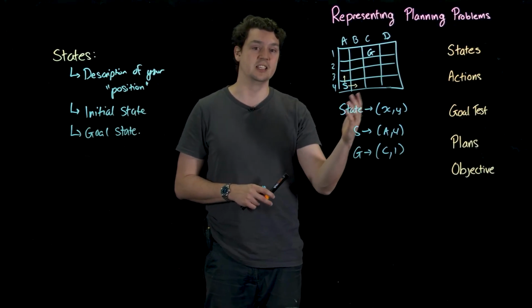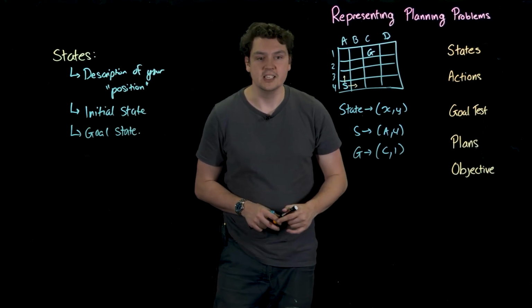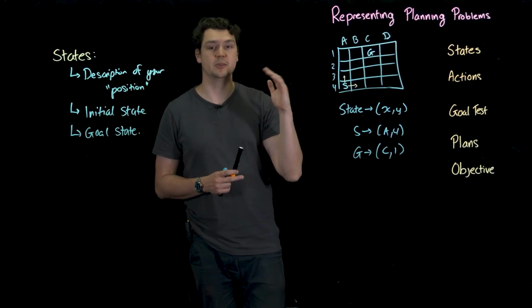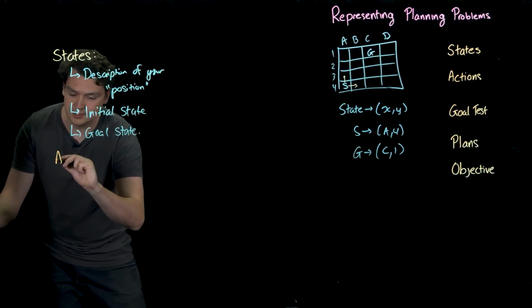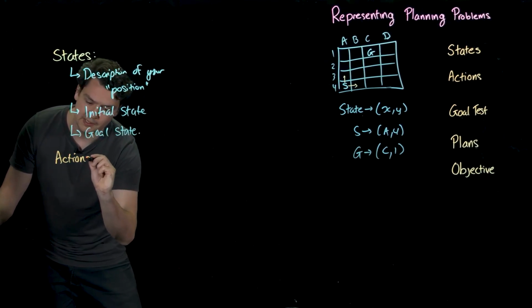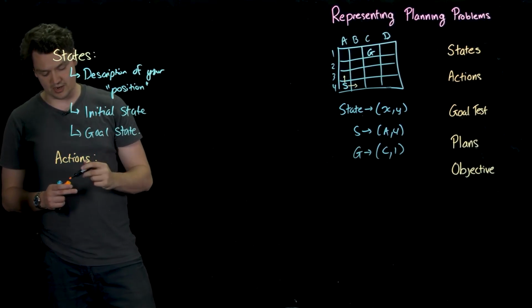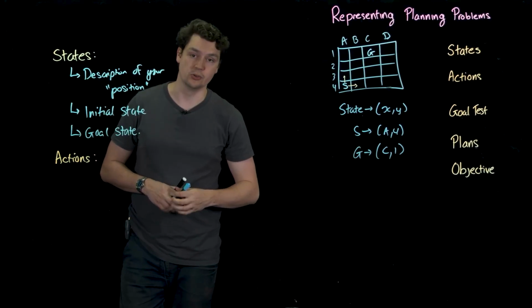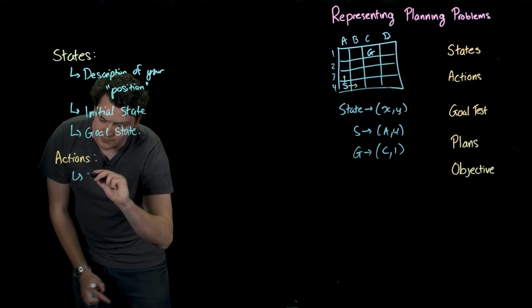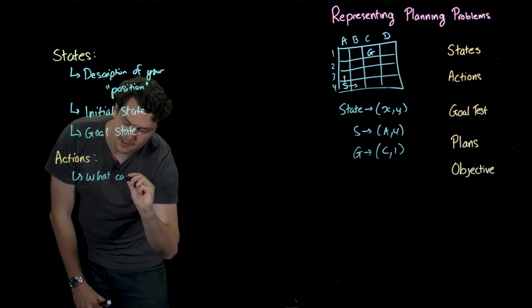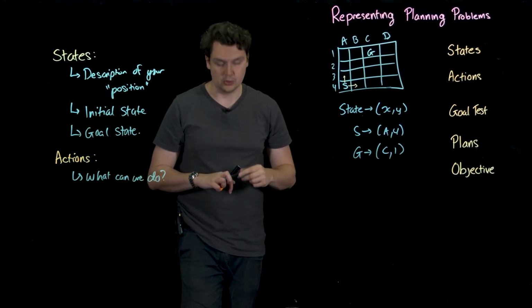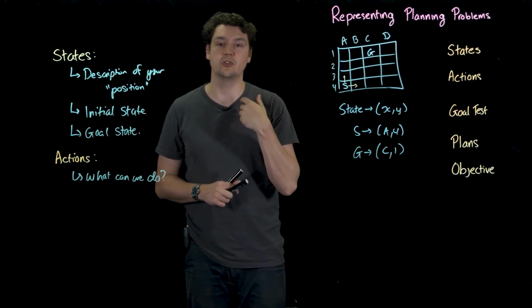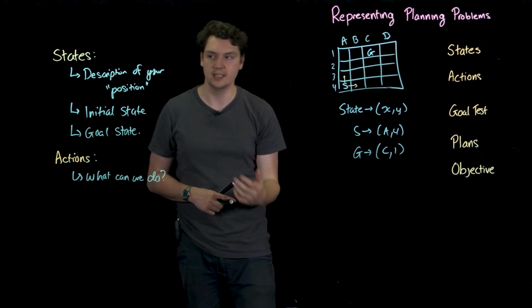So your actions from your start location are only going to be moving north or east. Actions essentially describe what we can do in the world. So you are essentially looking for transitions between states.